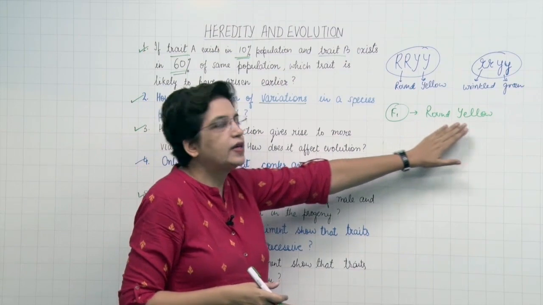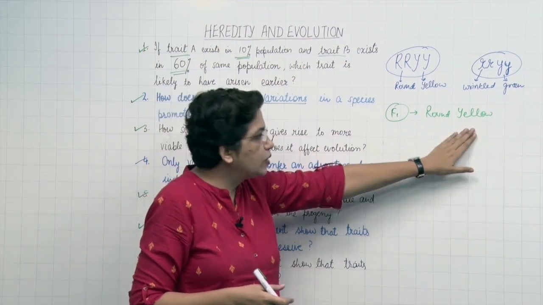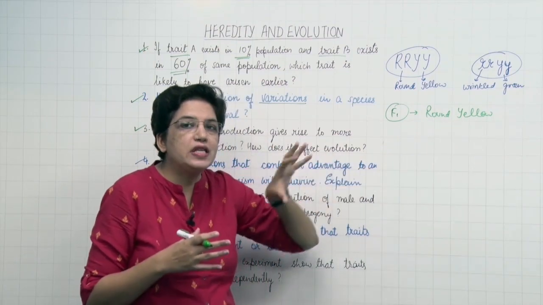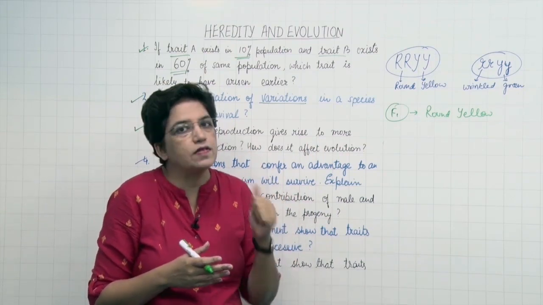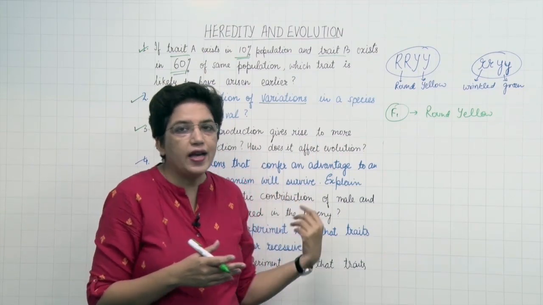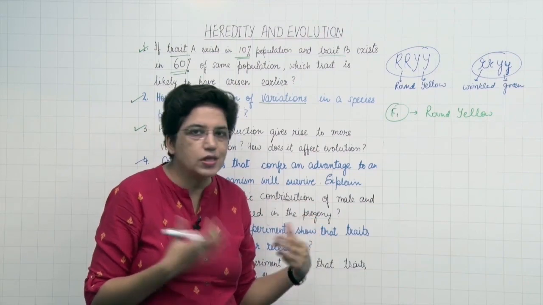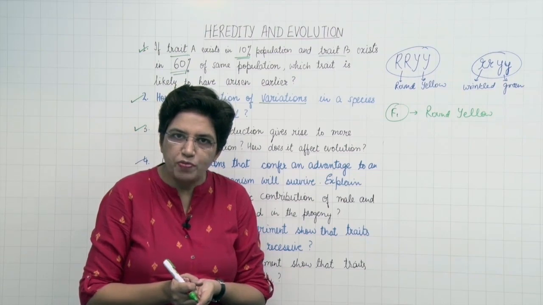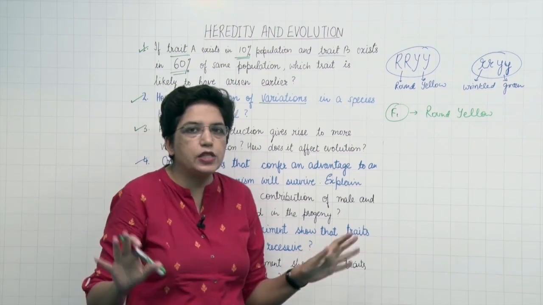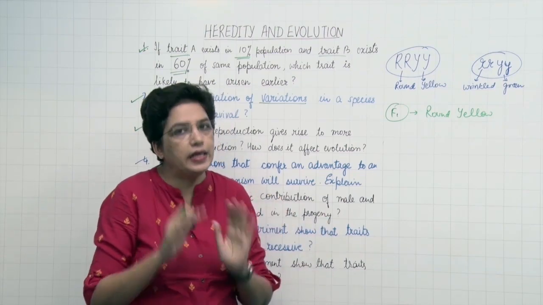It was expected because round seeds and the yellow color of the seeds, both these traits are dominant. So they were able to express themselves in the F1 generation as we studied in monohybrid cross. Similarly, in F1, dominant genes will be able to express themselves. So all the seeds were found to be round and yellow.